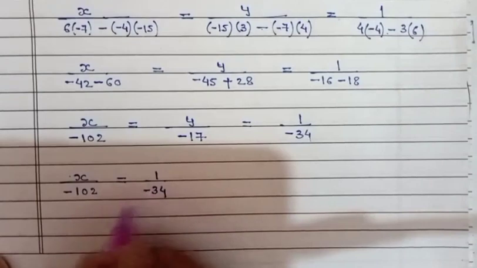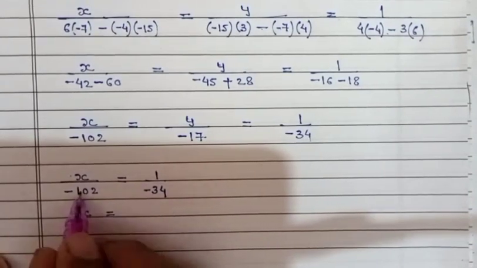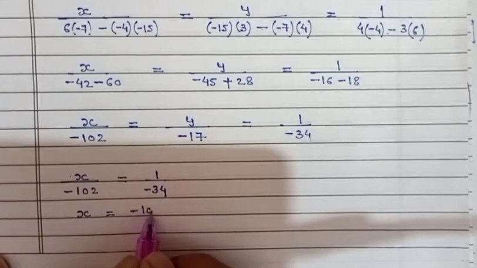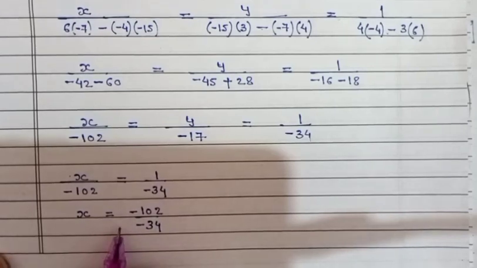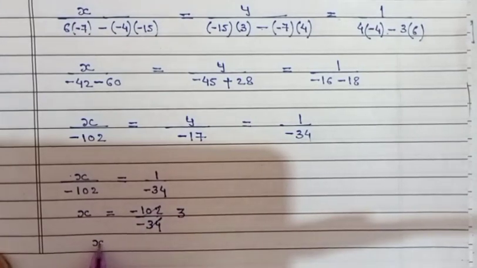Now if you solve it by cross multiplication, x is equal to minus 102 upon minus 34. Minus minus will reduce it, and 34 will reduce 102 3 times. So you will be getting value of x as 3.